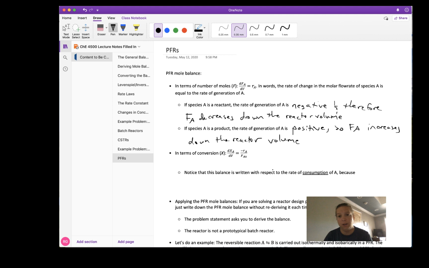So notice that this balance is written with respect to the rate of consumption of A. That is because, let's go back and say if A is a reactant, then minus rA, the rate of consumption, is positive.